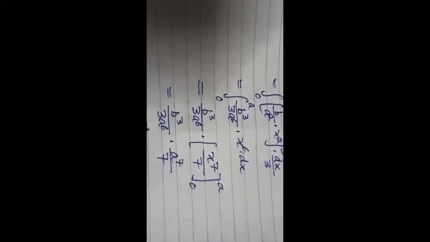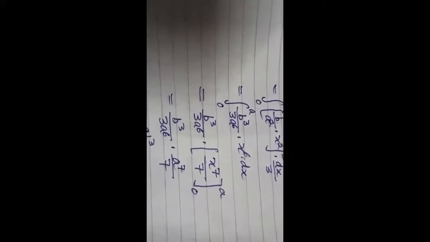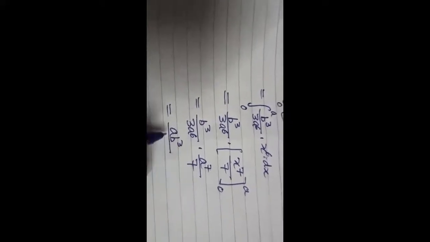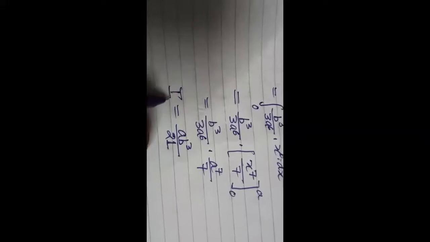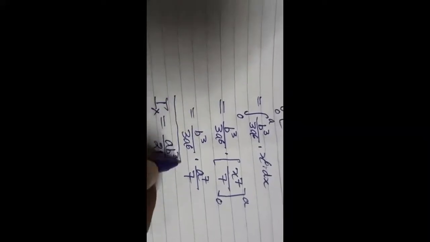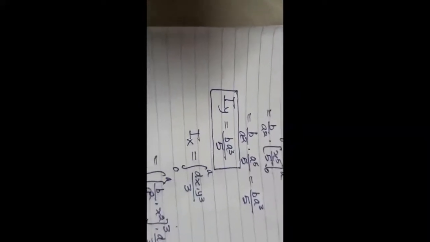So this is a b cube upon 7 into 3, which is 21. This is Ix, the moment of inertia of this shaded area about the x-axis: a b cube by 21, and about the y-axis it is b a cube by 5. Okay, so these are Ix and Iy. Okay, thank you.